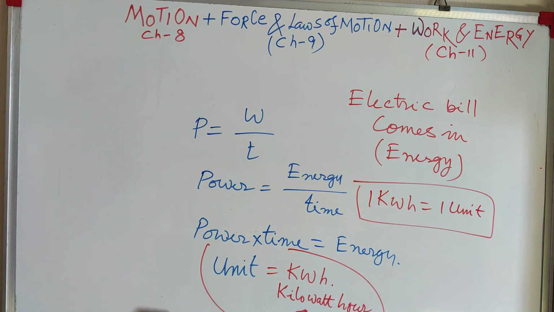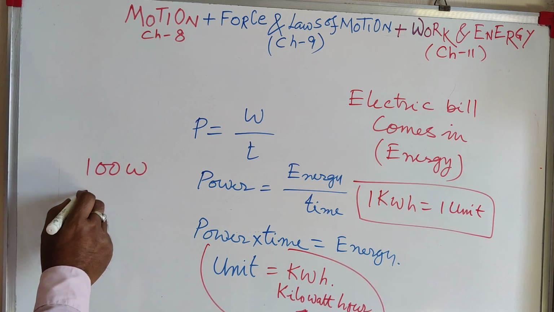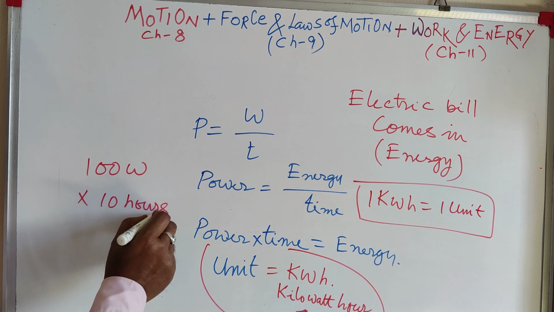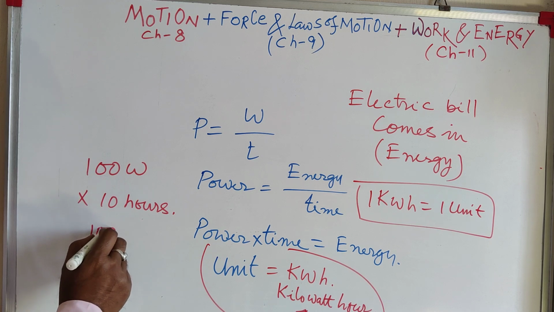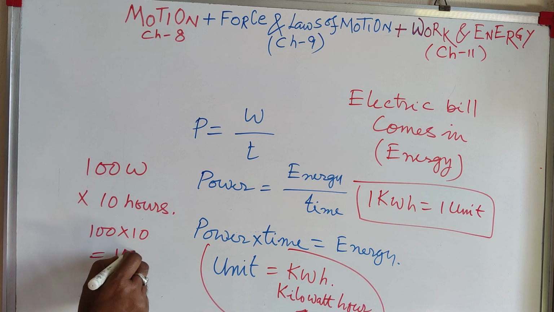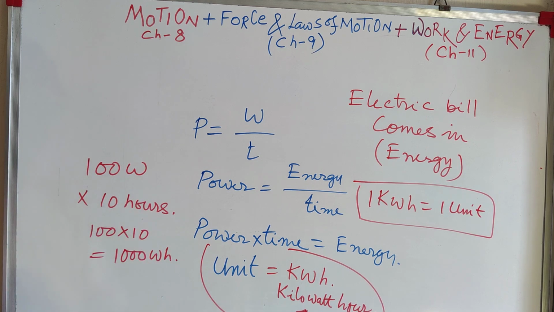Suppose I take a bulb of 100 watt and if I keep it on for 10 hours, that is 100 into 10 equal to 1000 watt hour. So 1000 watt hour we take as 1 kilowatt hour. That means 1 unit. Hope it is clear how the electric bill is calculated.